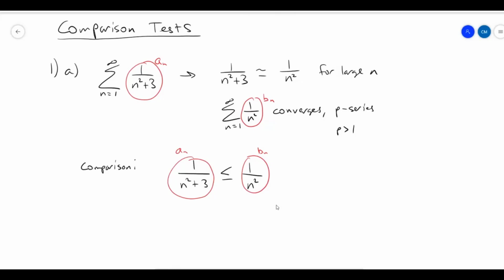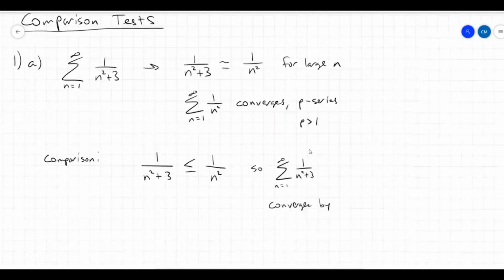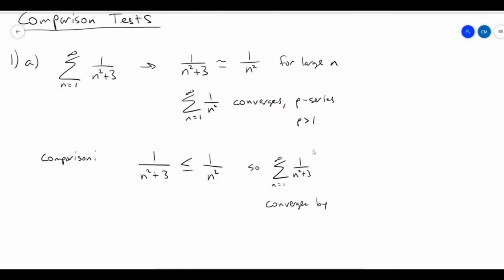We've shown that we've got a series here that has terms 1 over n squared plus 3, and we compared it to one we know converges because it's a p series, and we've shown that that less than symbol is pointing the right way, and so by the direct comparison test, we've just shown that this series has to converge. So our conclusion here is that this series converges by, and then I usually abbreviate all of these, this is direct comparison test, DCT.